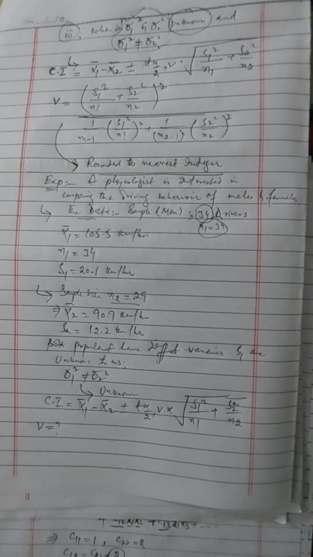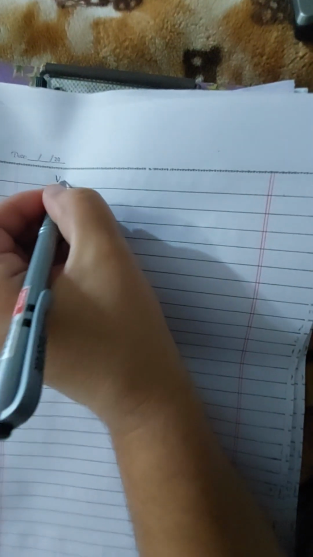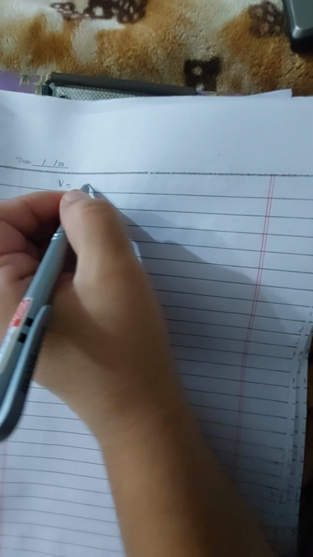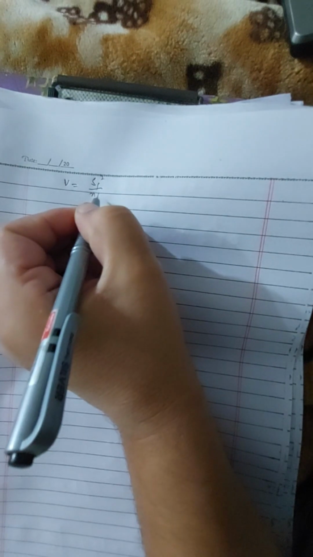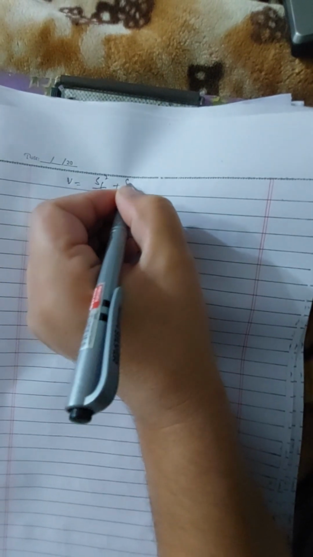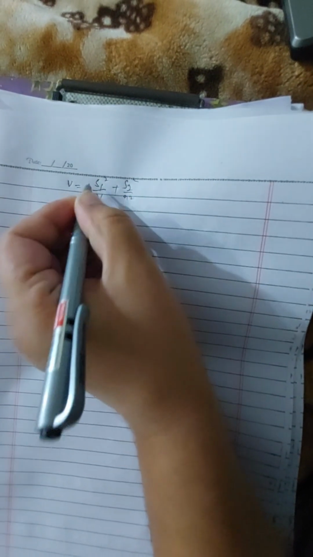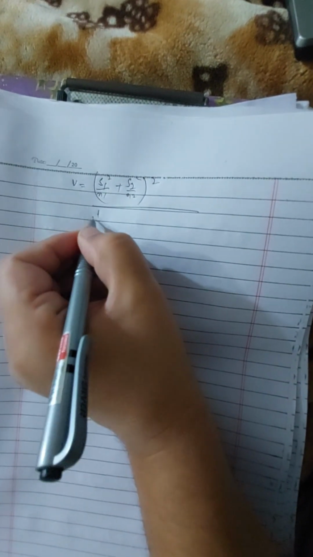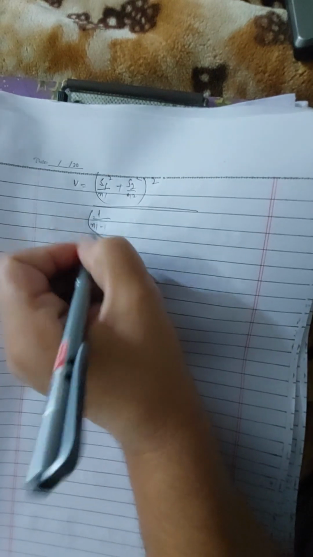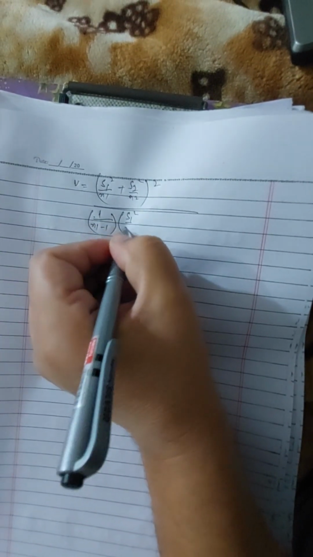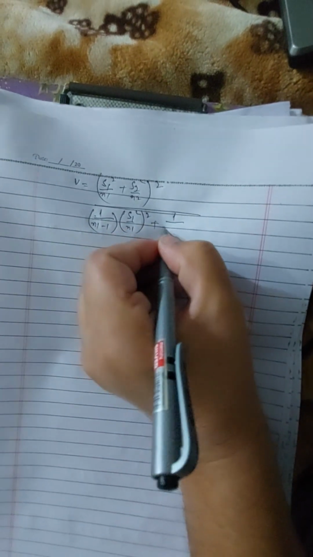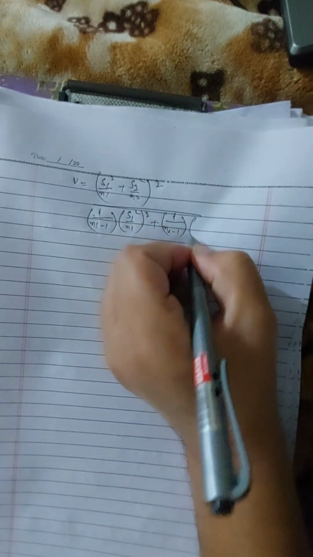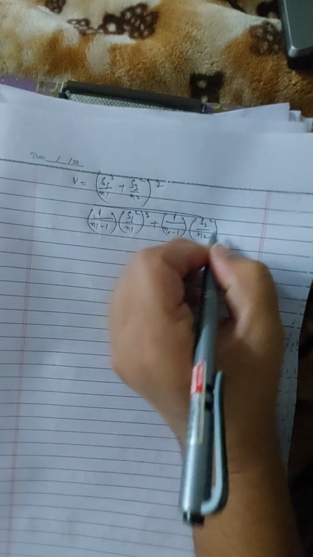It has a formula of s1 square divided by n1 plus s2 square divided by n2, whole square, divided by 1 divided by n1 minus 1 into s1 square divided by n1 whole square, plus similarly on the other side, 1 divided by n2 minus 1 into s2 square divided by n2 whole square.